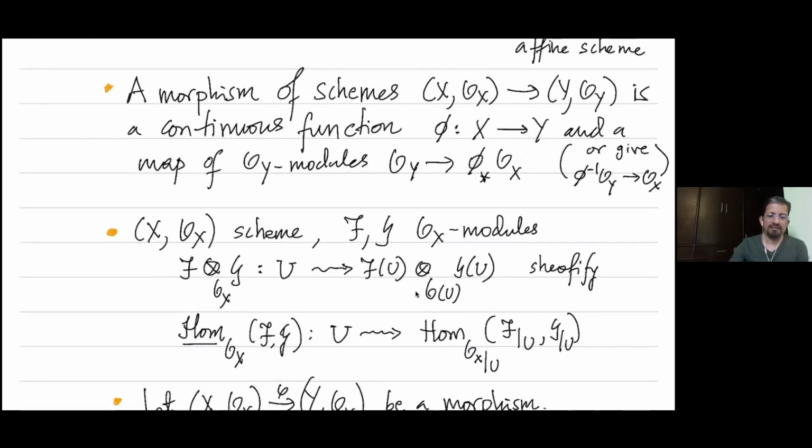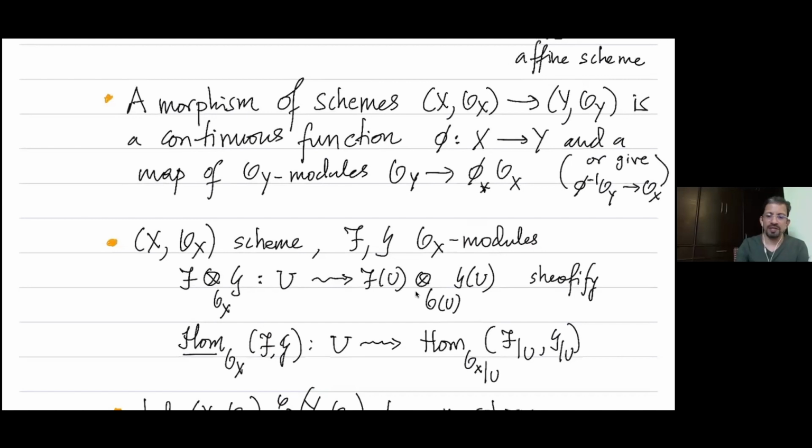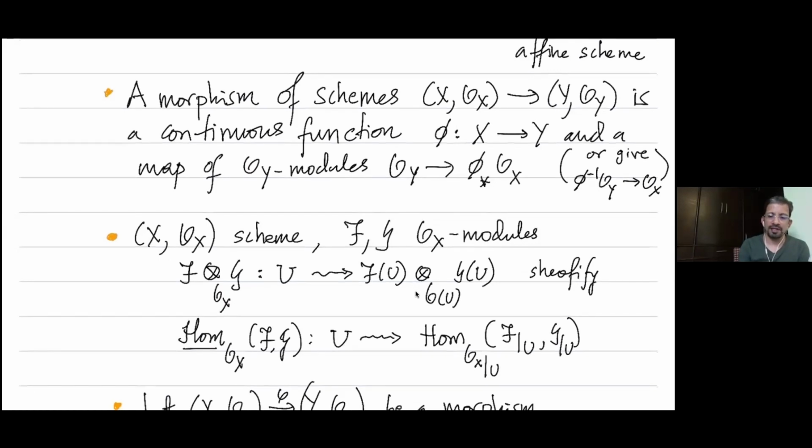Okay, so I have a continuous function. A morphism of schemes is somewhat similar to what we had yesterday, how we defined a regular map. It's a continuous function which gives us a way of pulling back: given a regular function here on some open set, that pullback should also be regular here.